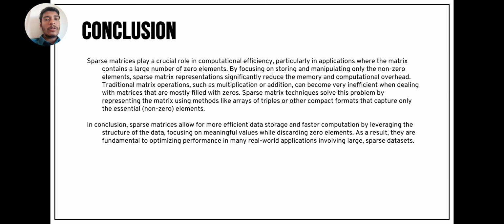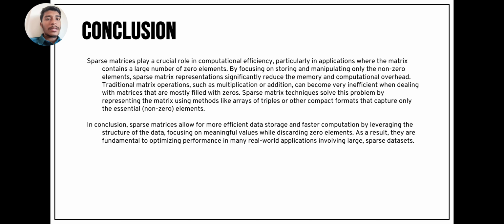Next, looking at the conclusion, sparse matrices play a crucial role in computational efficiency, particularly in applications where the matrix contains a large number of zero elements. By storing and manipulating only the non-zero elements, sparse matrix representation efficiently reduces memory and computational overhead.